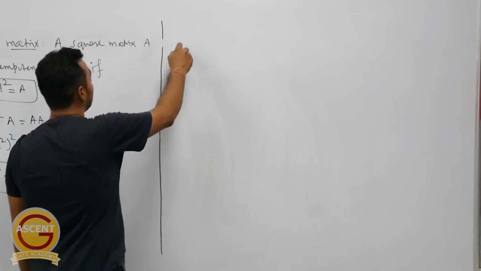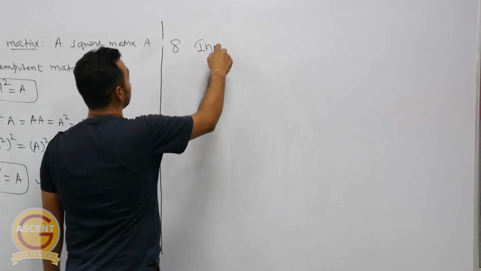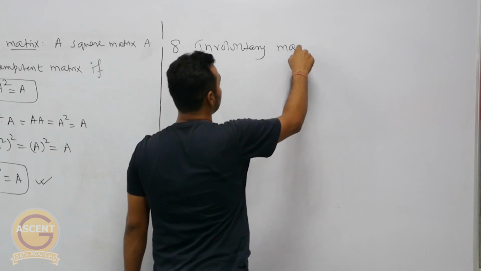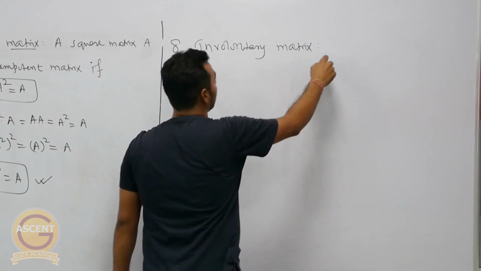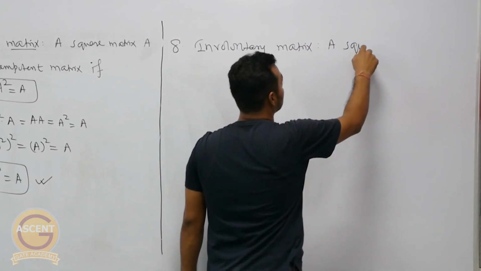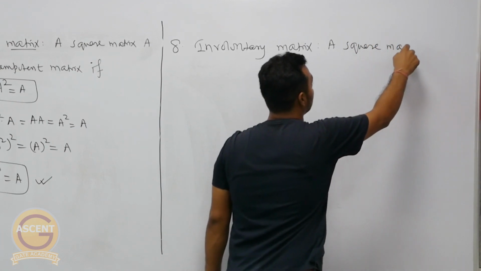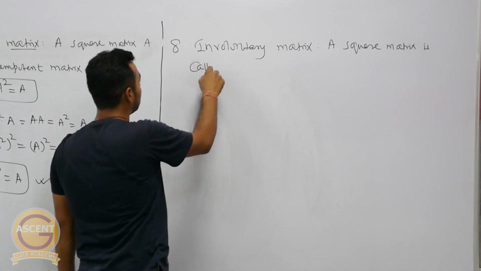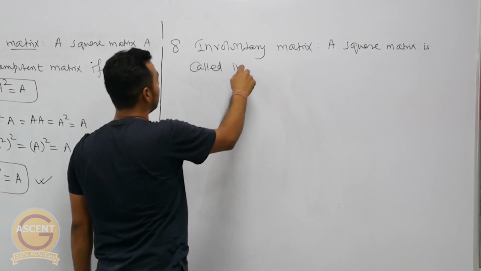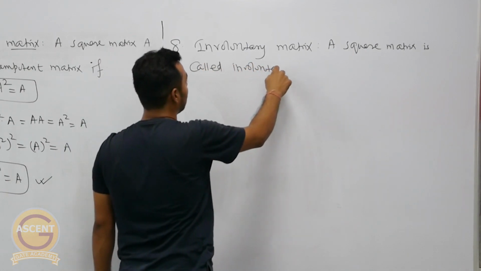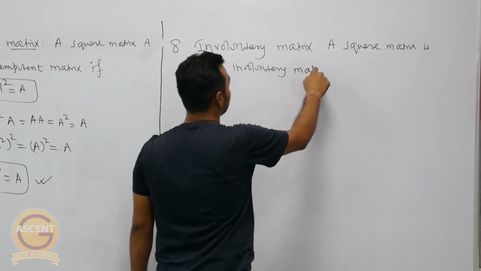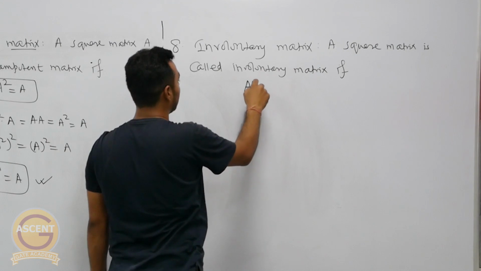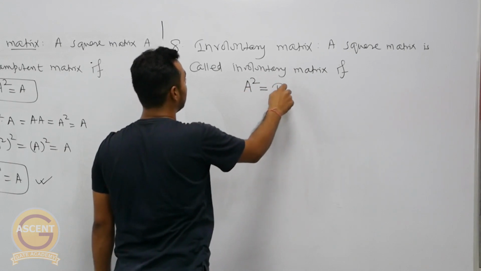Now number 8 is the involutory matrix. The definition of an involutory matrix: a square matrix is called an involutory matrix if A square is the identity matrix.